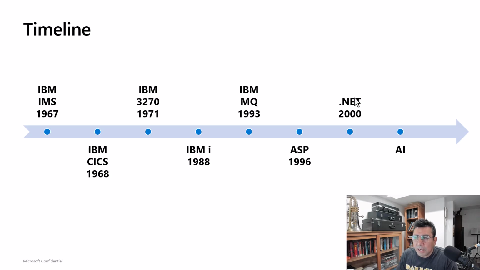The IBM IMS system was released in around 1967. Then the CICS in 1968. Then the 3270 streams, I think 1971. And then you had IBM i, formerly known as AS/400 back then, 1988, and IBM MQ for messaging, then Active Server Pages. I'm sure that you remember those, and .NET 2000, and then today AI.